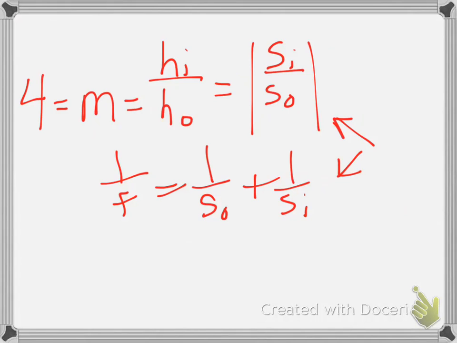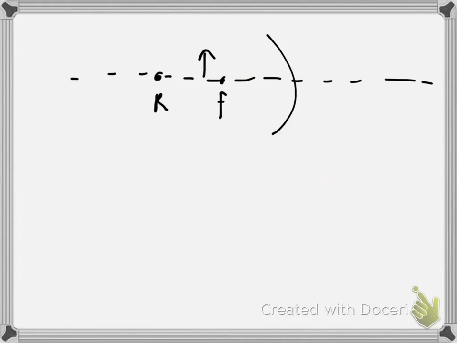So how can this other team produce something that is 4 times bigger, but has a different image and object distance than you? Well, what if this team used their concave mirror in a different way? So here's our radius of curvature. There's our focal length. What if they put their object right outside the focal length?